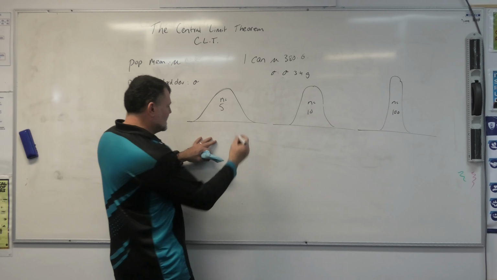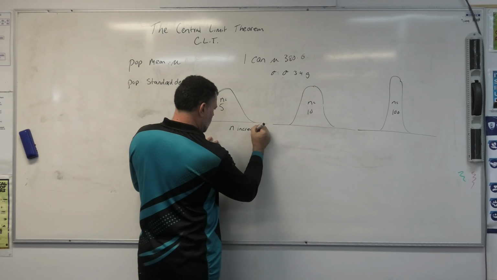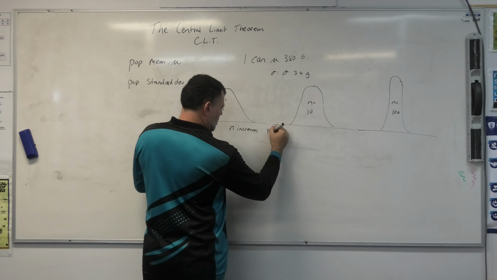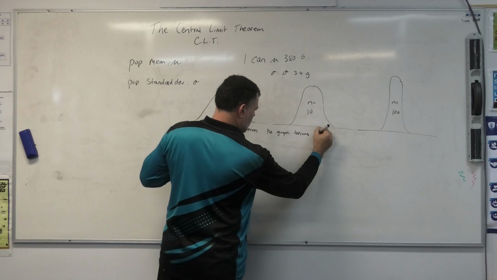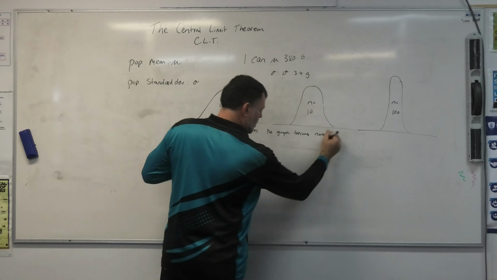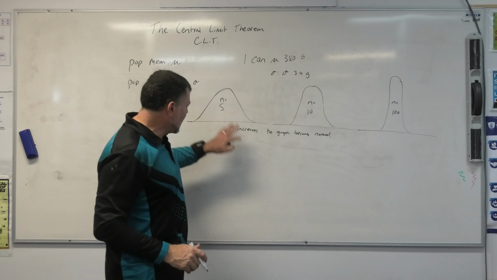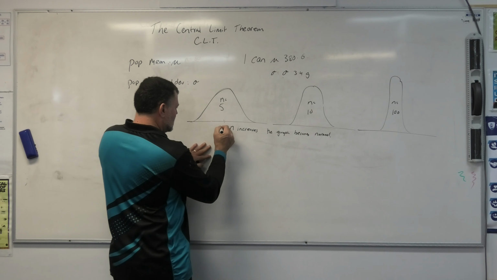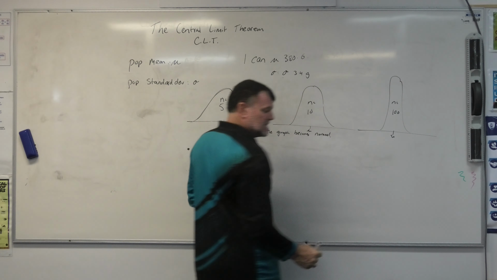Okay, so as n increases, the graph becomes more normal. Another thing that you notice as n increases is that your mean remains the same.